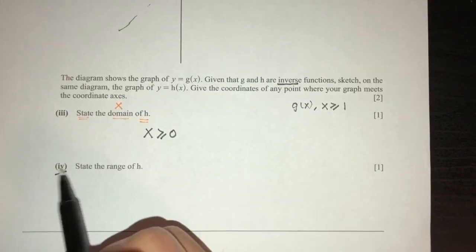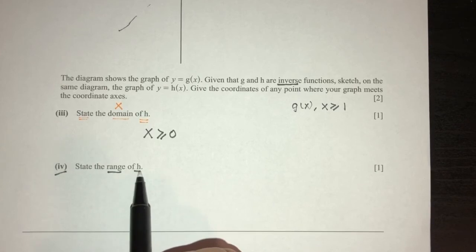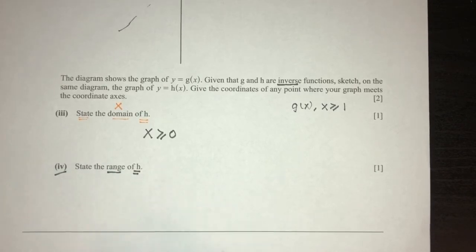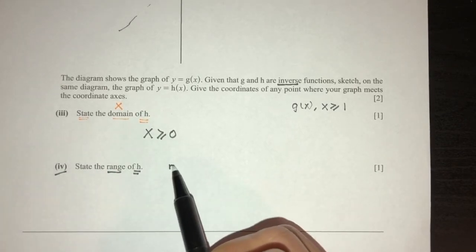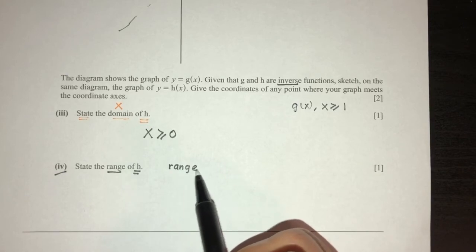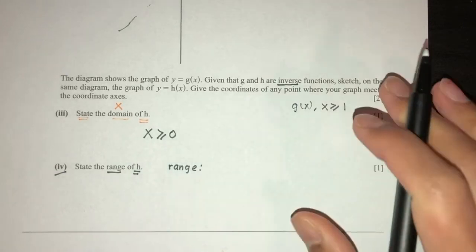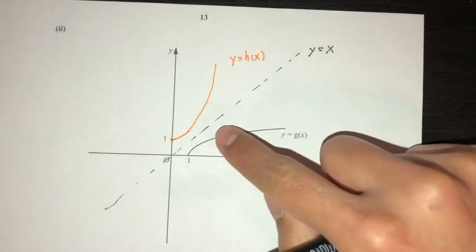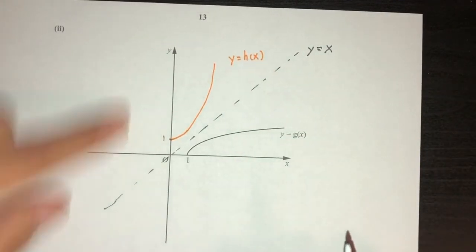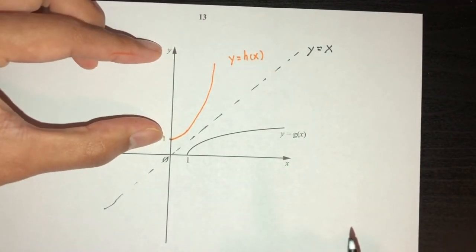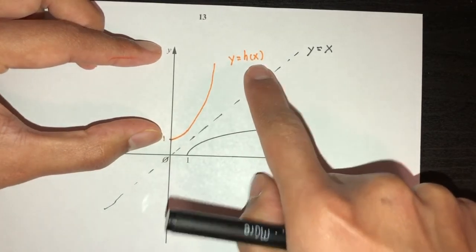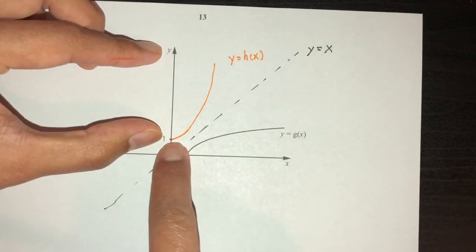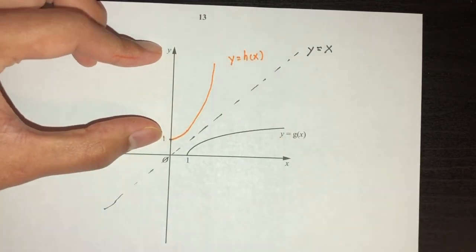Now part 4, state the range of h. This one's pretty easy as well. The range of h you can do by two ways. One is by observation. Range is the y values, as you can see. So for h, the y values are at least 1, which means y will always be 1 or more than 1. So that is your range.